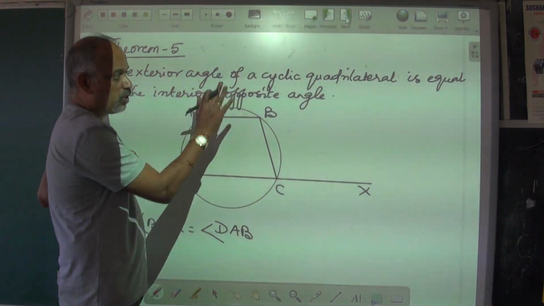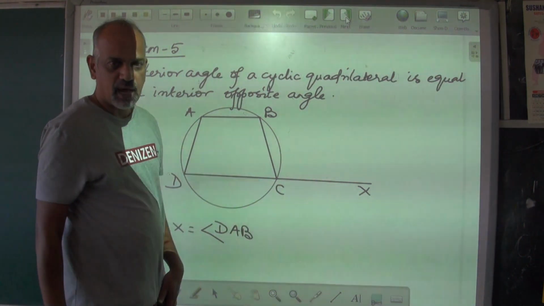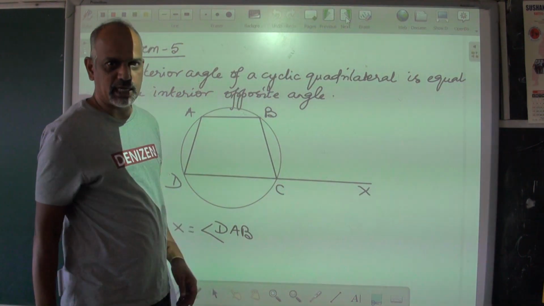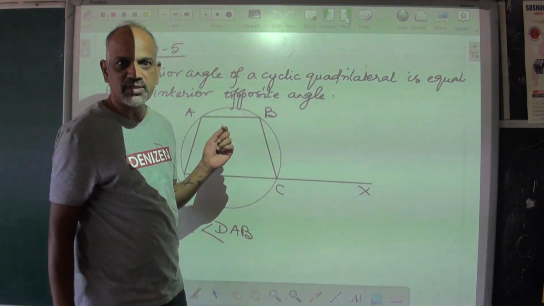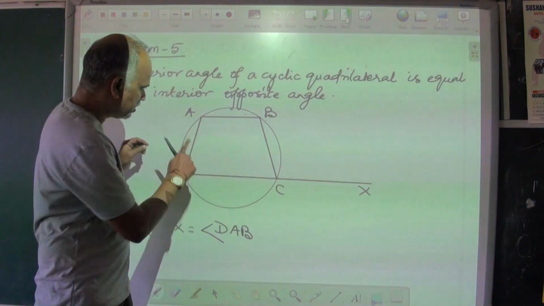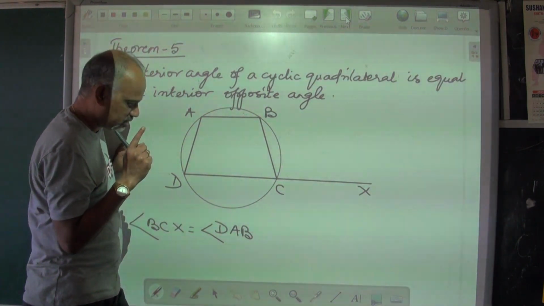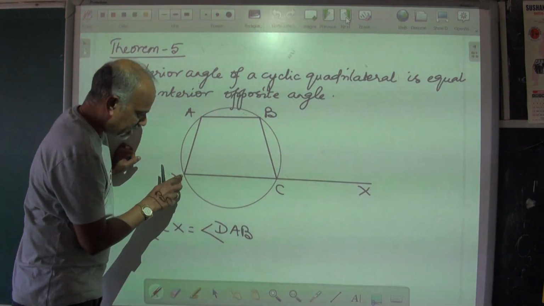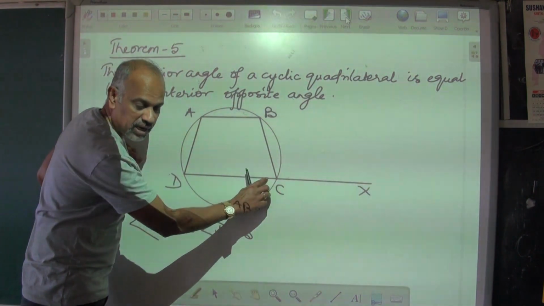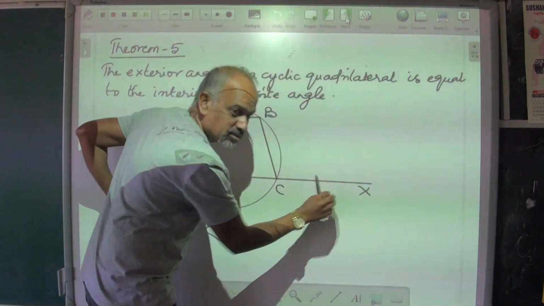First, you should know what an exterior angle is. For any figure, how do you get an exterior angle? By producing one of the sides of that figure. We are talking about the cyclic quadrilateral. You extend one of the sides. The side which I have extended here is DC, a side of the quadrilateral. I have produced it, extended it to a point X.